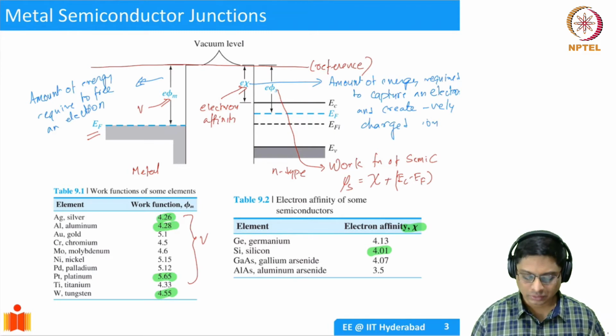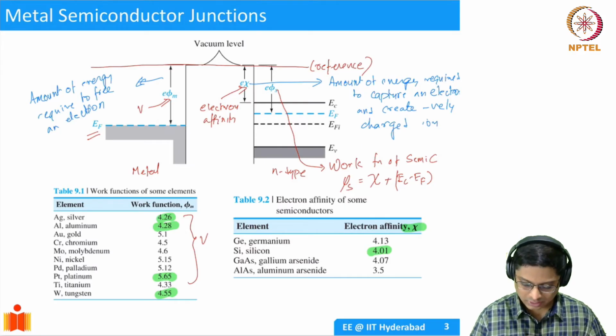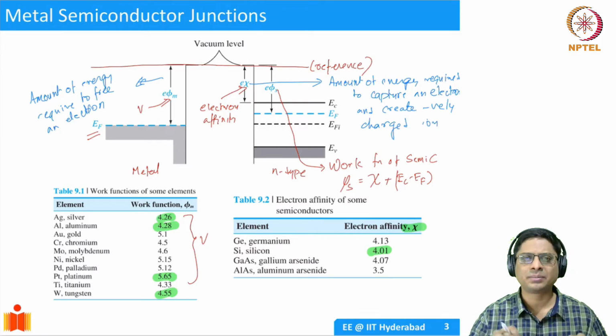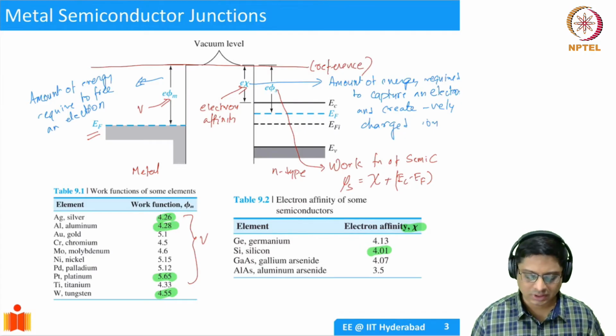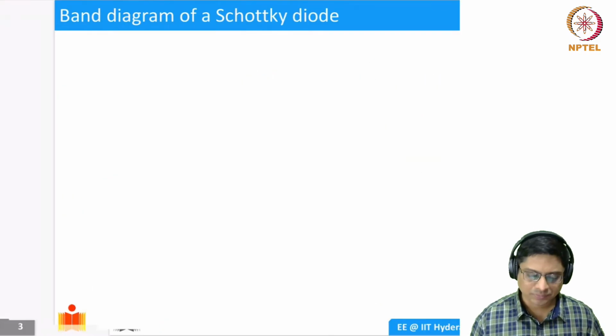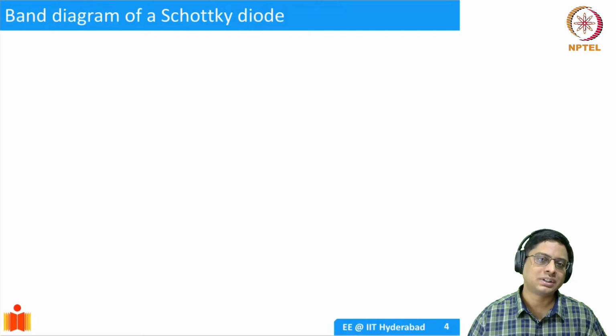Okay. So now this is when the metal and the semiconductor are far apart. They're independent. Now, if they are brought in contact, what happens? Okay, they are brought in perfect contact. There is no dust or surface scattering and all that. It's a good contact to make. What happens? To understand that, we would like to draw a band diagram.